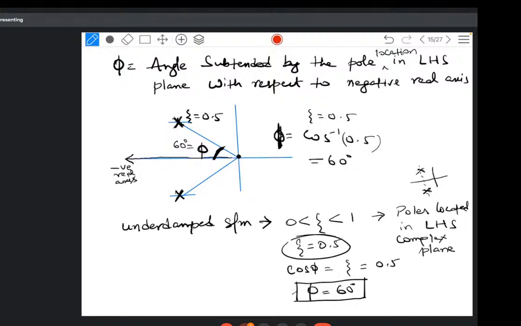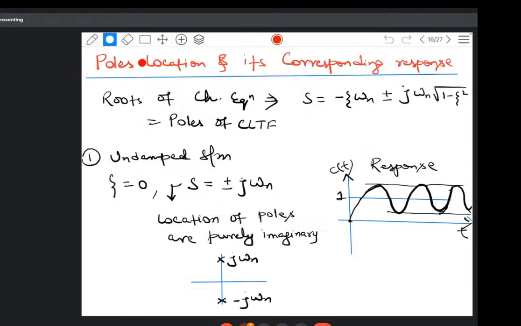So let us understand the pole location and its corresponding response for different kinds of damping. For that, I need to write the characteristic equation of a standard second order system.